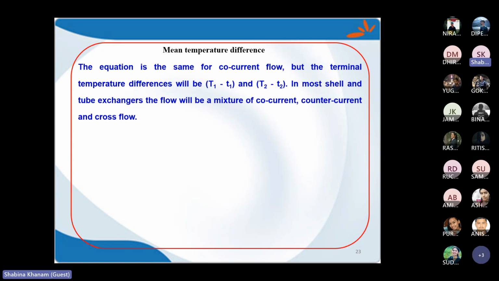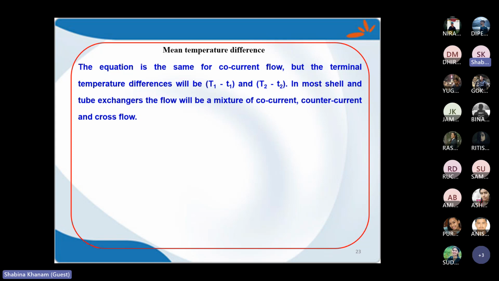So it will cross all the tubes, and then it will change its direction and come to the horizontal movement, and then again the vertical movement will be there, because we are considering sinusoidal movement in the shell.